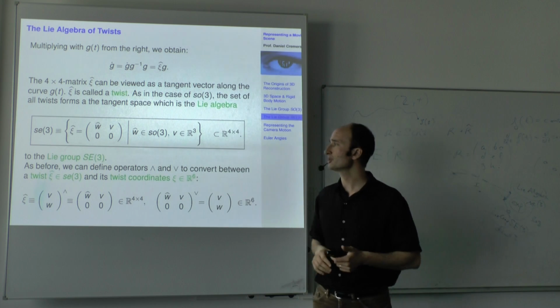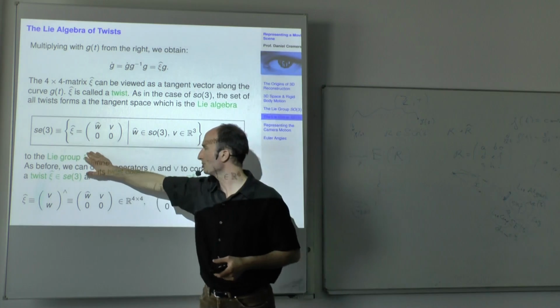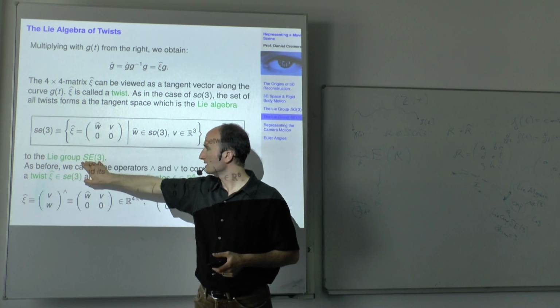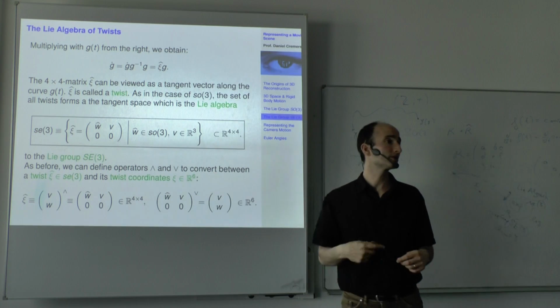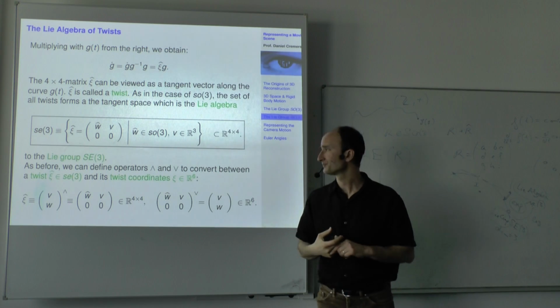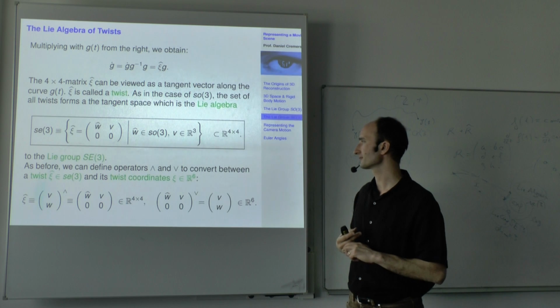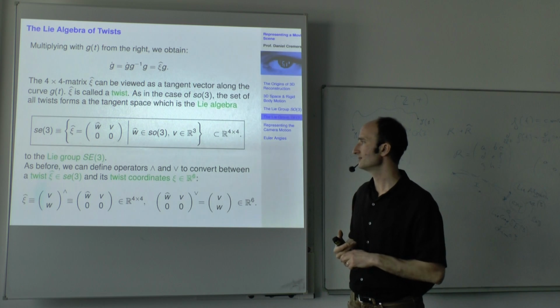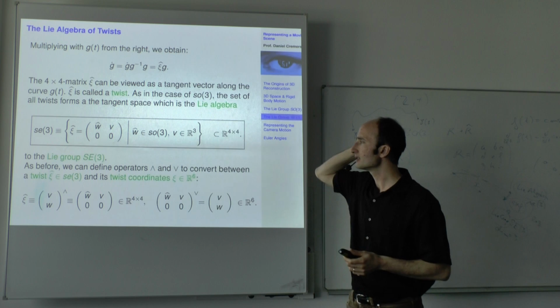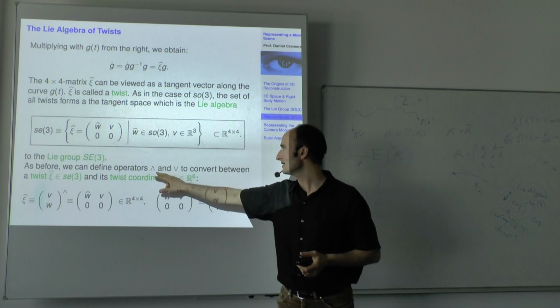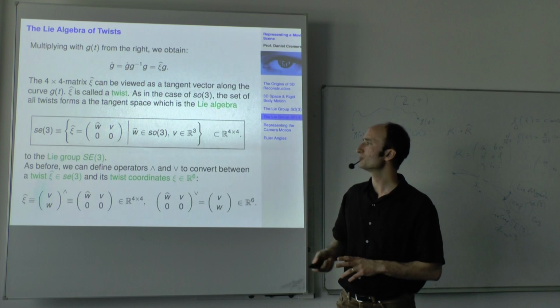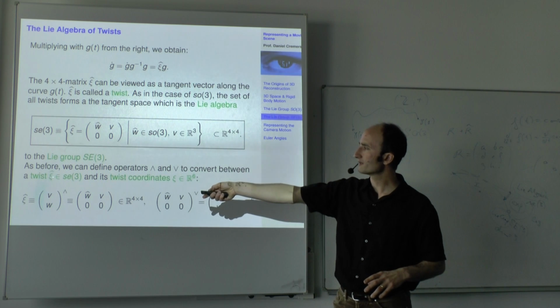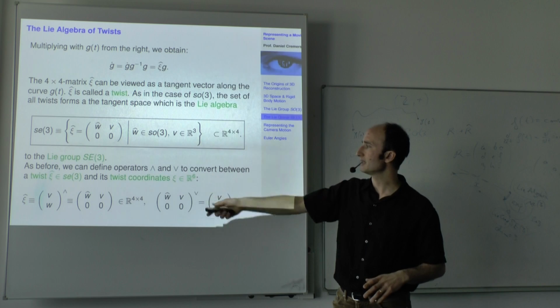And this is common terminology that if you have a Lie group, the large letters are for the group and the small letters are for the corresponding algebra, the tangent space. And again, we can define these operators hat and v, to convert between the coordinates of the twist and the matrix.